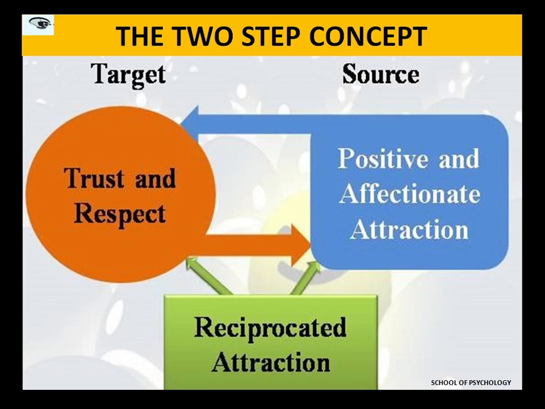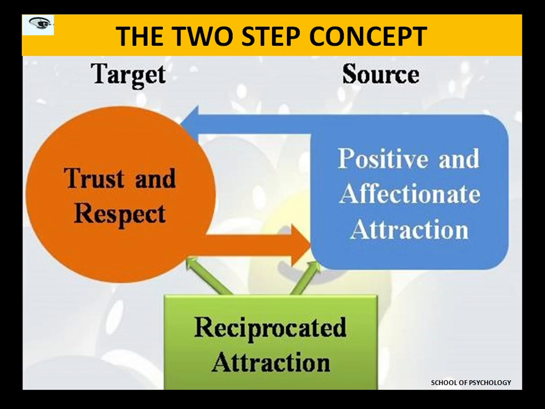And definitely, the source must also try to feel for his target, for this person. He must also have that affection, that kind of attraction, that kind of positive feeling, towards the target. The source must be able to continue to have a very positive attitude towards the target, and a lot of regard and respect, and of course attraction.